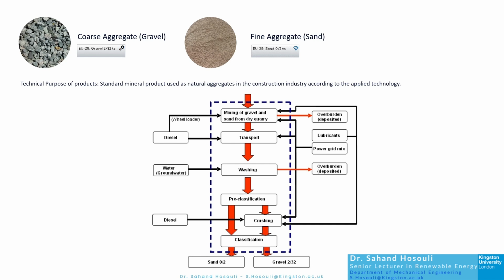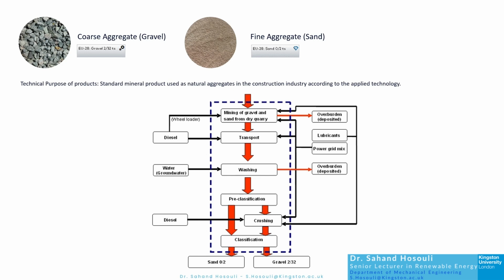What this graph shows is the mining, the environmental impact assessment of the mining, the environmental impact assessment of the transport inside, the environmental impact of washing, pre-classification, crushing, and classification. So the environmental impact of all of these steps is considered in this block in the software.